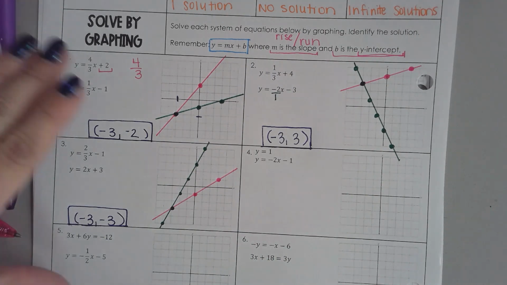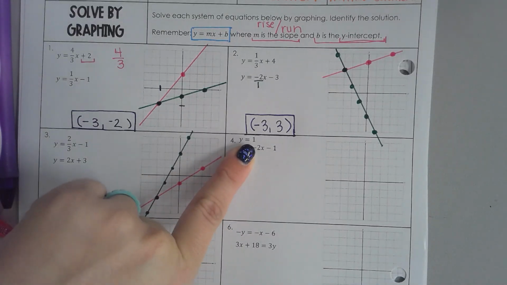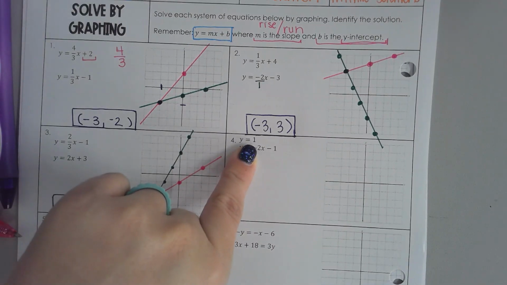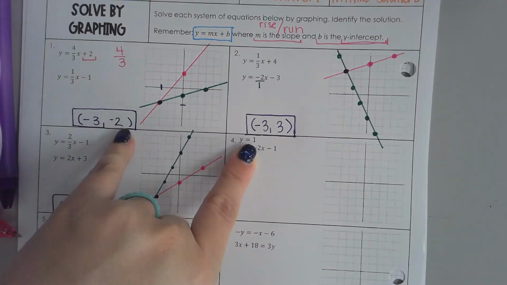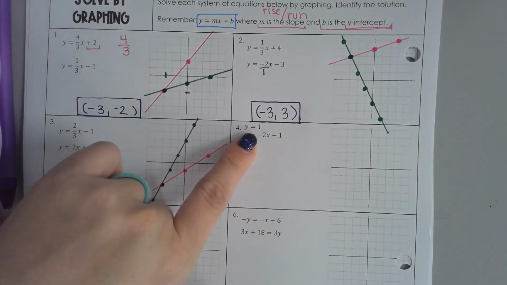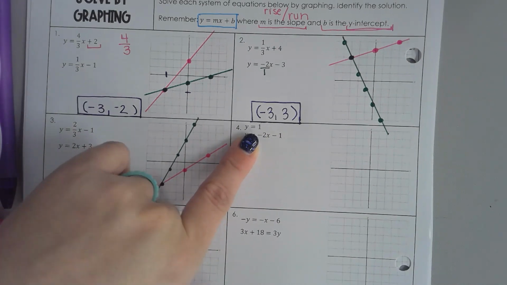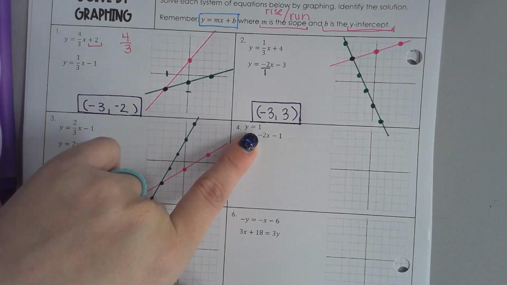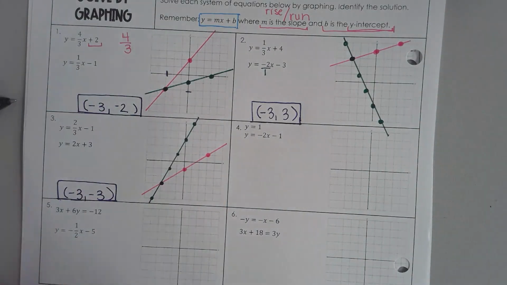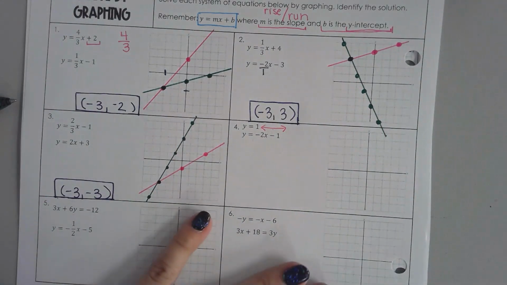Now number 4, the line y equals 1. Does anybody know what that looks like? Yes, it is. So a line that's y equals 1 means that every point on that line has a y value of 1, which really just means it's a horizontal line that crosses through the y-axis at 1.